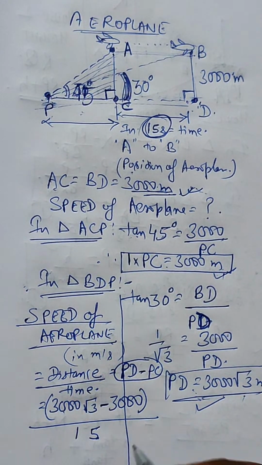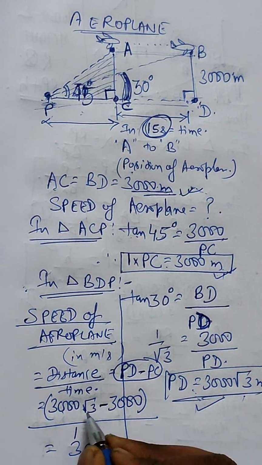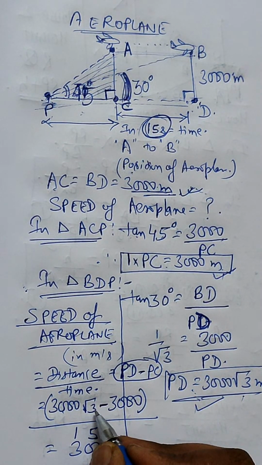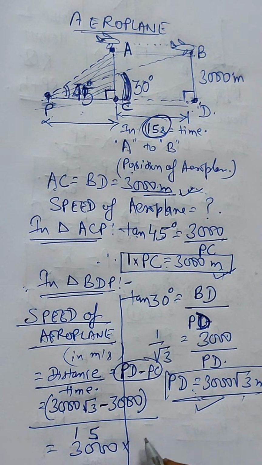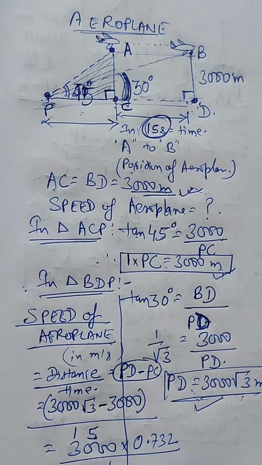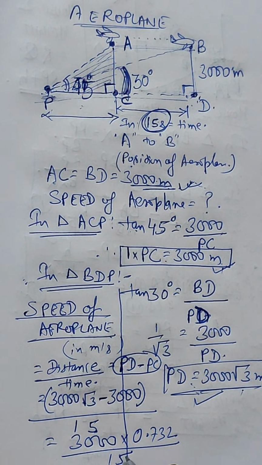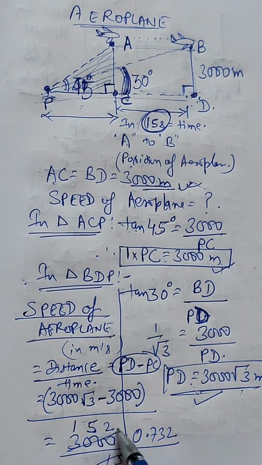So when you calculate this value, this will be coming as 3000 into root 3 minus 1. Root 3 is 1.732. 1.732 minus 1 is 0.732, divided by 15, right? So 3000 divided by 15 gives 200.